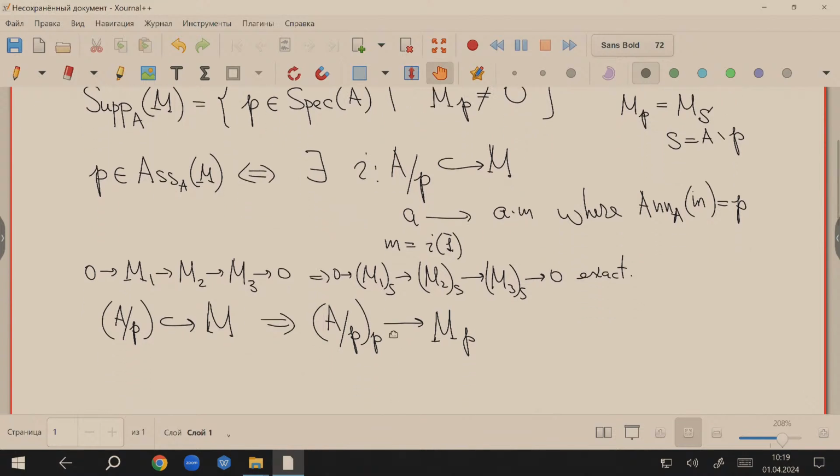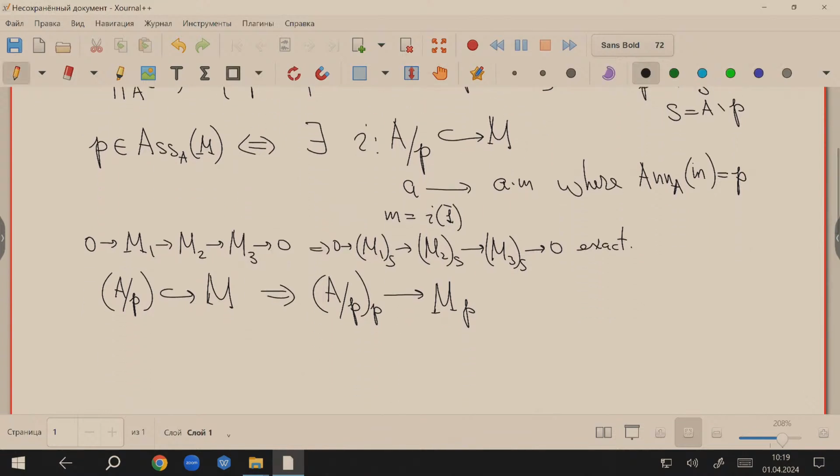And this tells you, of course, that M_P is not zero. So the support contains the set of associated primes.